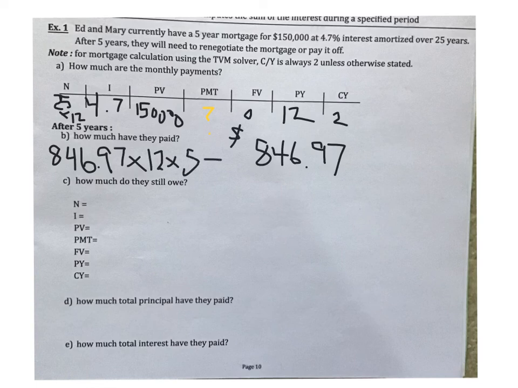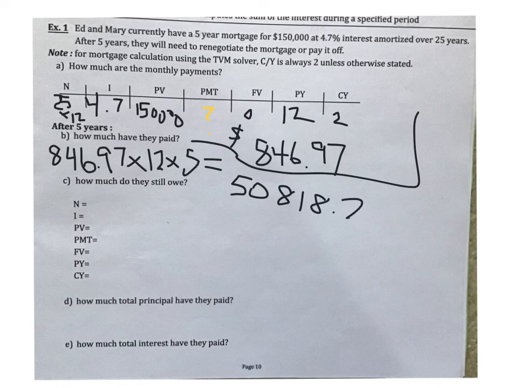We can just go out of the solver and calculate that. So how much have they actually put in of their own money? 846.97 times 12 times 5, because it's only 5 years later. So it looks like they've put in $50,818.20.